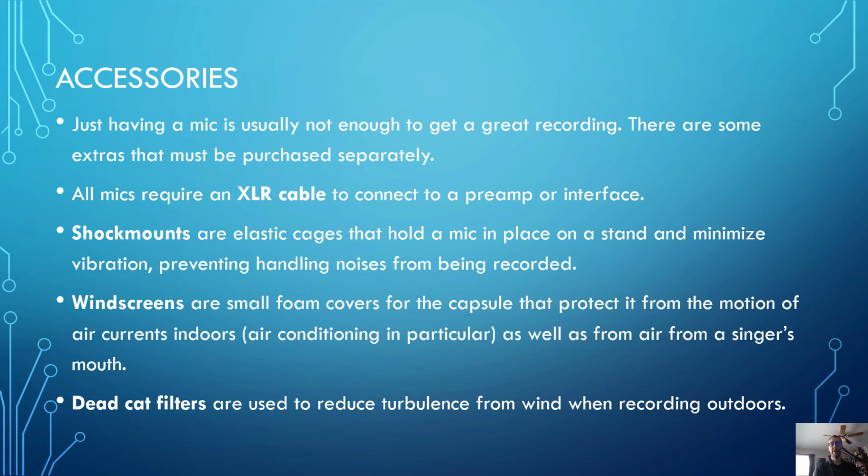If you're recording outside, you will want what's called a dead cat filter, so named because it looks like a cat that's been run over. Just a tube that you slide over the mic, covered in fuzzy hair, that reduces turbulence from wind when recording outside.